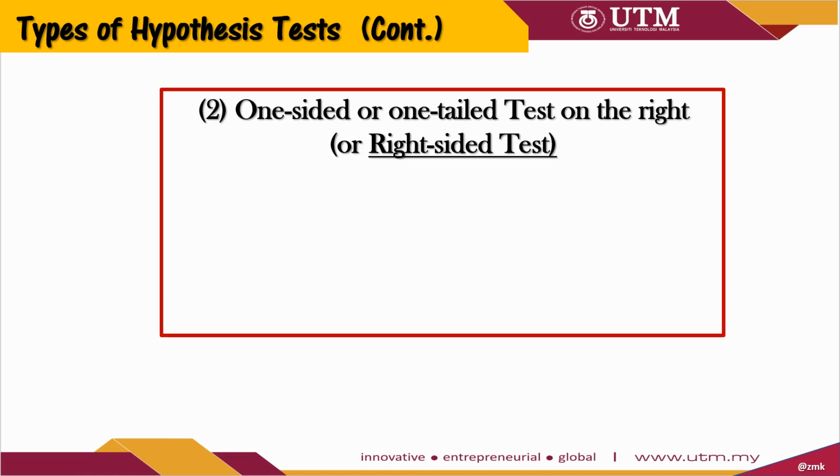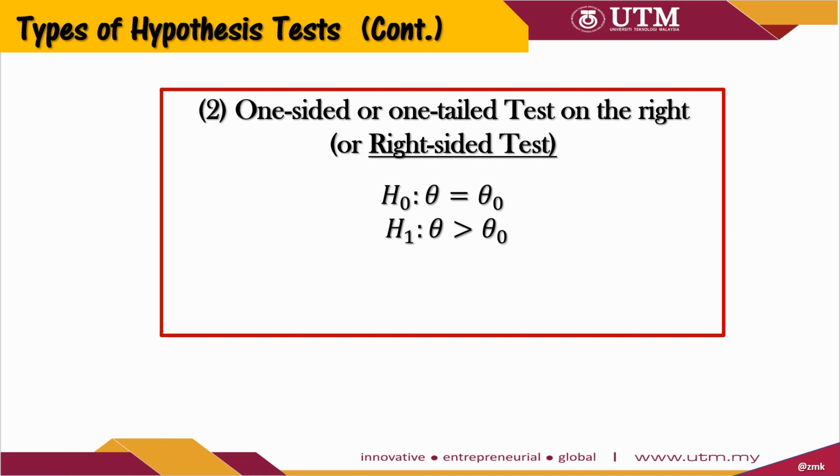What we can do first is to write H0 followed by a colon, followed by a statement theta equal to theta naught. Next is writing the alternative hypothesis H1, followed by a colon, and followed by a statement theta is greater than theta naught.